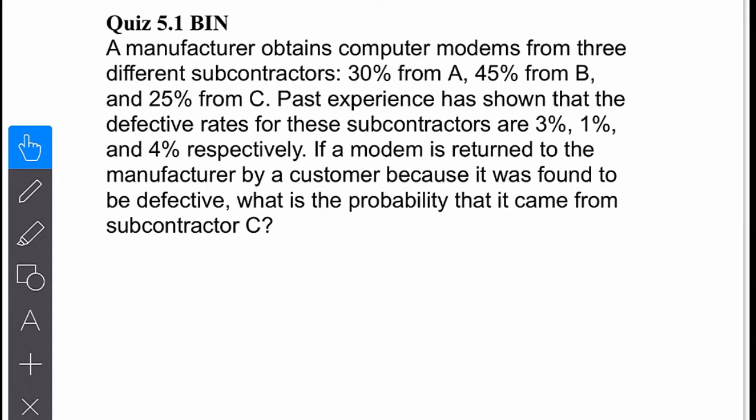Because I'm talking about posterior, and so the later events versus prior events. So if a modem is returned to the manufacturer by a customer, so if returned, what's the probability, and it's found to be defective, what's the probability it came from C?